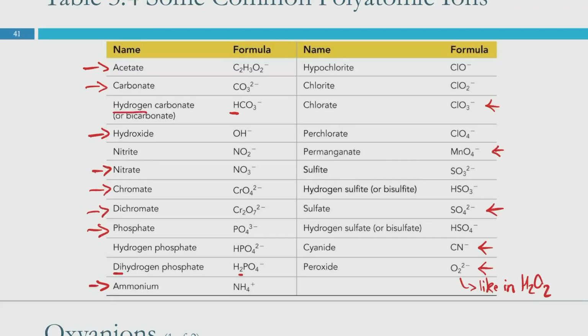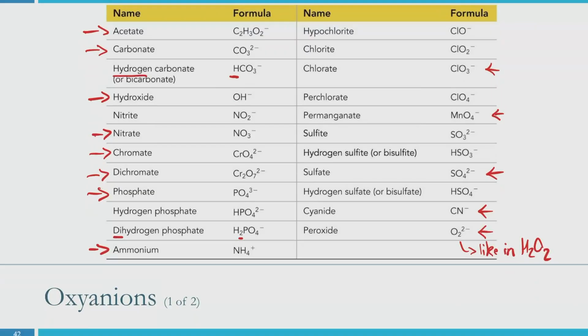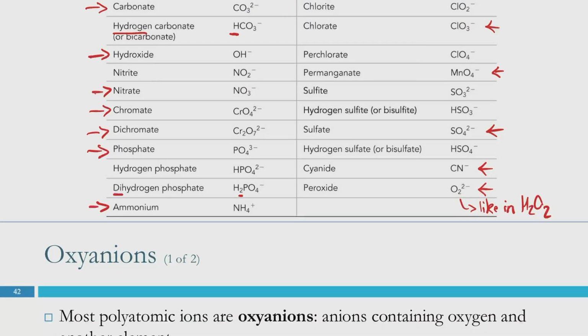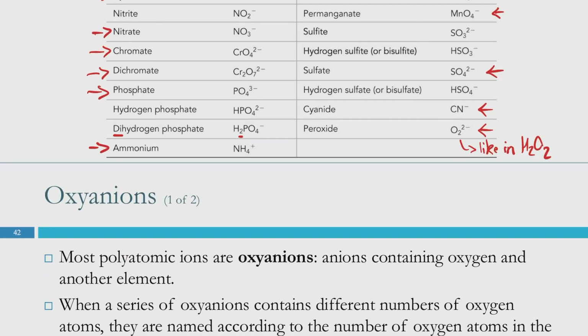We're going to learn a system, it's the steps below it, for changing the number of oxygens for each of these to come up with some of the ones that I didn't write an arrow in front of. There's also a box below that that's got the normal ion name and then what happens if you add a hydrogen or 2 hydrogens. So it's not all pure memorization, fortunately, but it is a lot of memorization still.